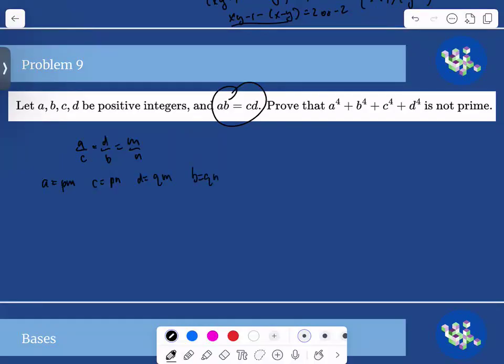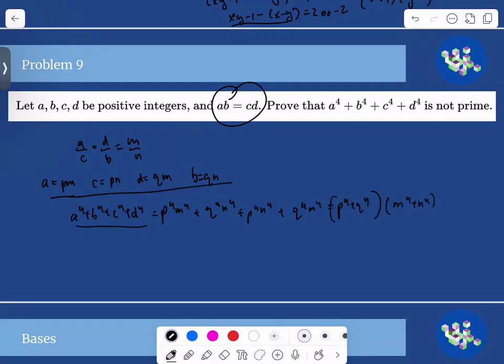And now you can plug these numbers in, and you get A to the fourth plus B to the fourth plus C to the fourth plus D to the fourth is equal to P to the fourth M to the fourth plus Q to the fourth N to the fourth plus P to the fourth N to the fourth plus Q to the fourth M to the fourth. And just plugging these parameterizations in, that gives you this, and you can factorize this as P to the fourth plus Q to the fourth times M to the fourth plus N to the fourth.